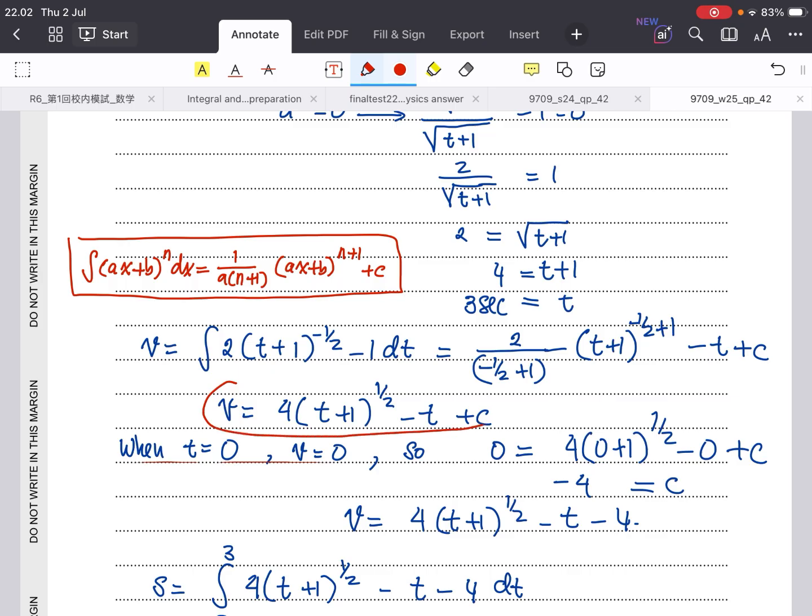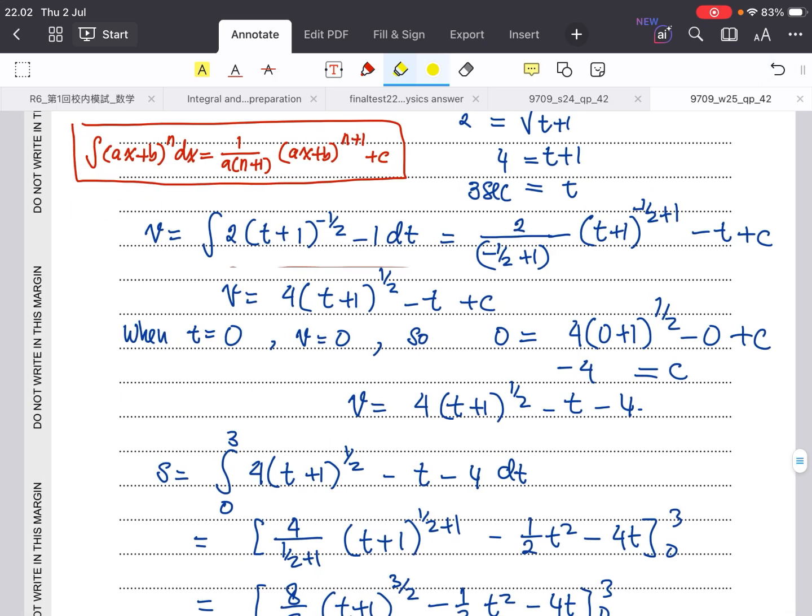So just substitute v with 0 and also t with 0. And then finally, we can find the value of c is equal to negative 4. So the complete expression for v is 4 times (t plus 1) to the power of half, minus t, minus 4.